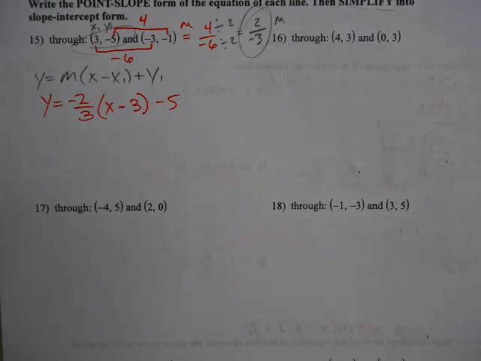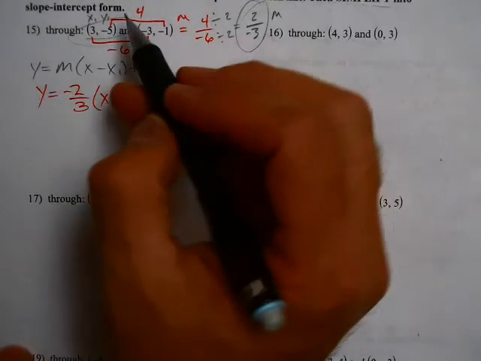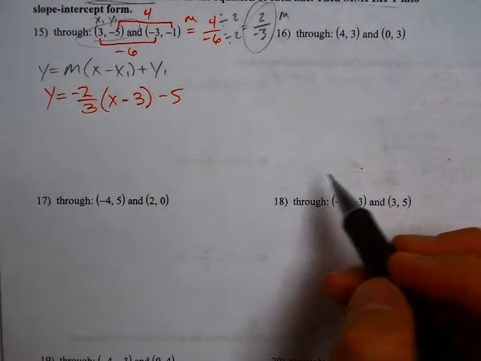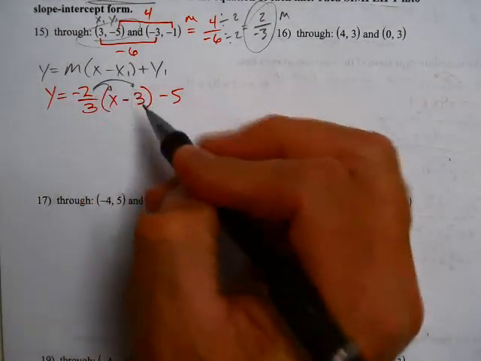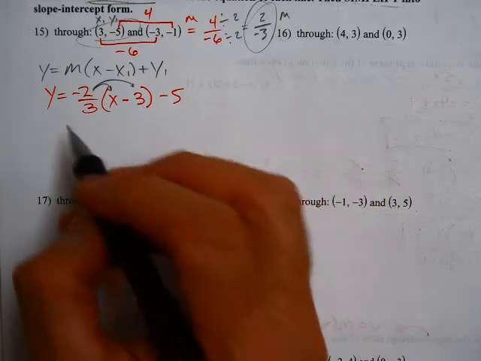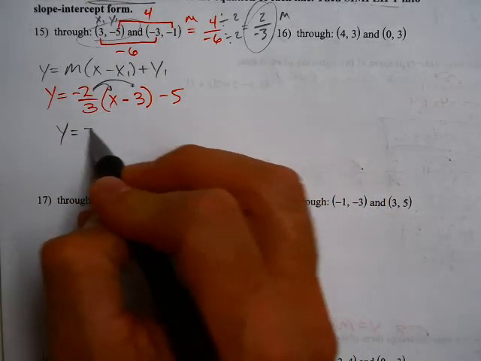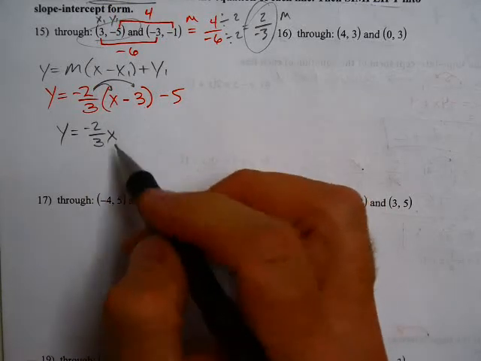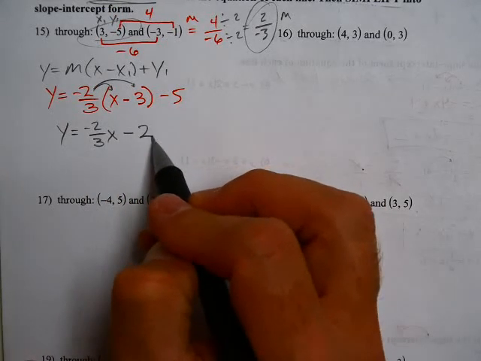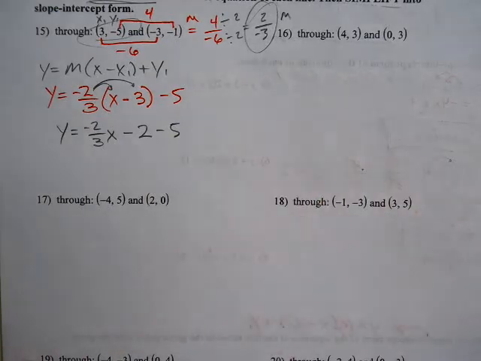But the question is asking for point slope. So I'm going to simplify that to get it to point slope form. So I'm going to distribute the -2/3. What's going to happen to the 3's? They are going to cancel. -2/3 of 3 is just -2 minus 5.